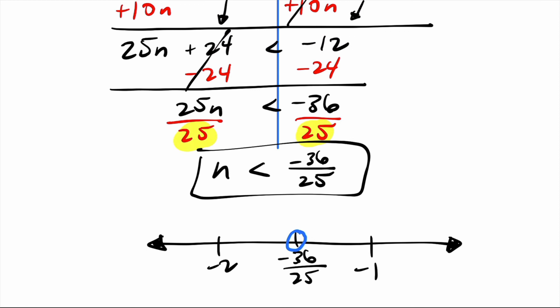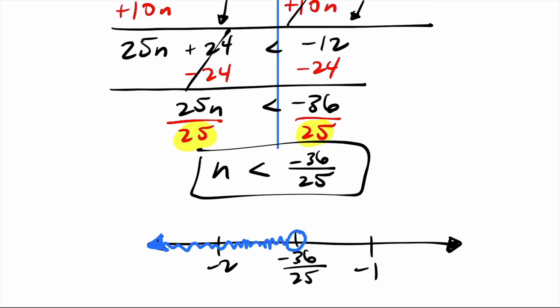Which way do I shade? Am I looking for less than or greater than? N is smaller than this number. So if n is smaller than that, the way I want to go is that way, smaller. Okay.